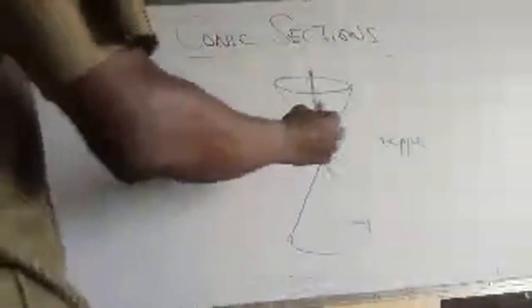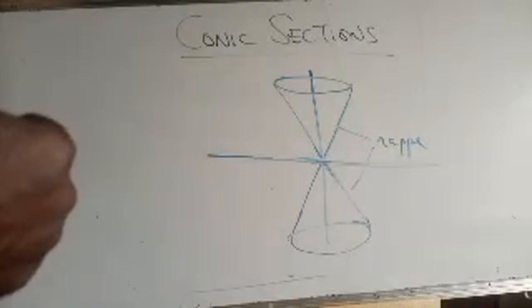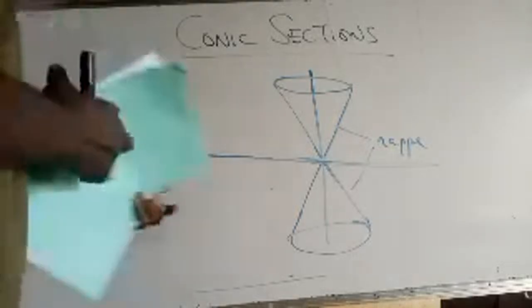So we have what we call a right circular cone. This is what we call a nappe. It is a right circular cone because the plane intersects the cone at the origin, and you have your nappes.